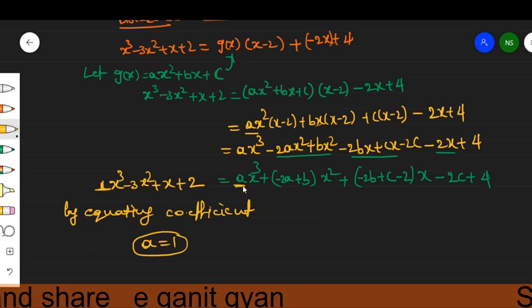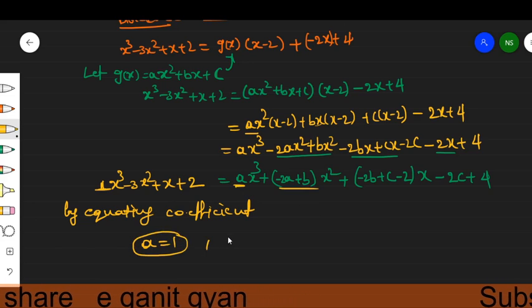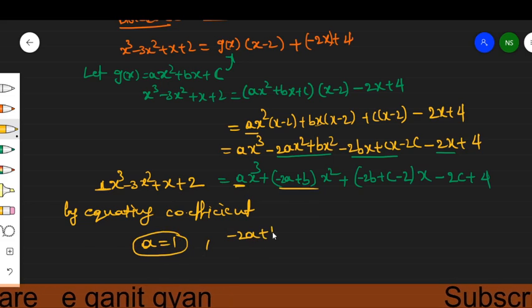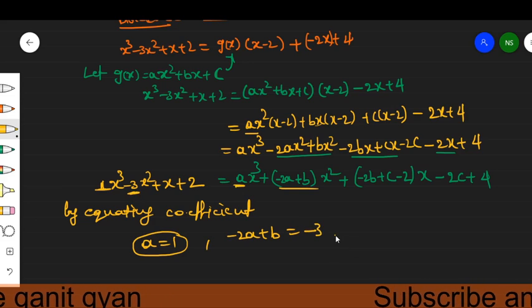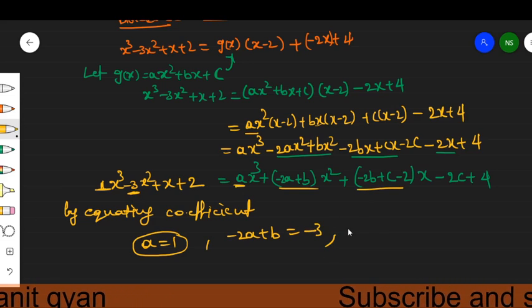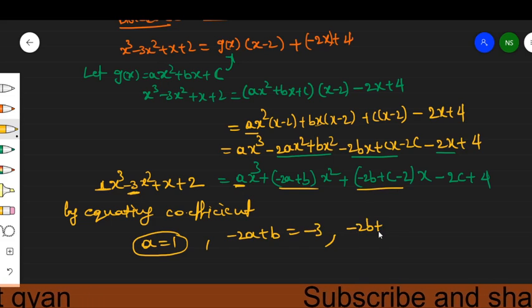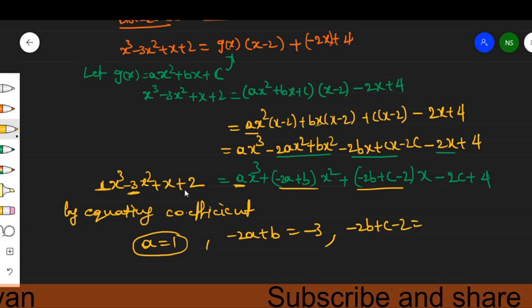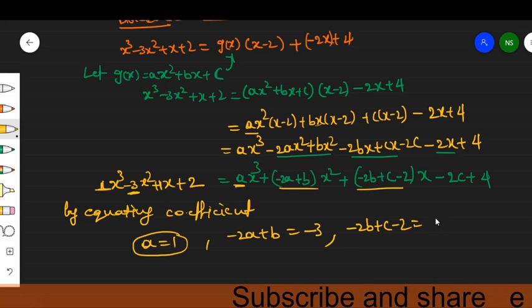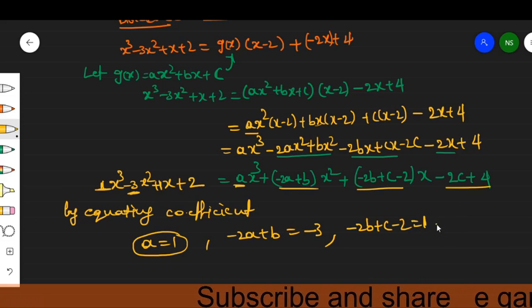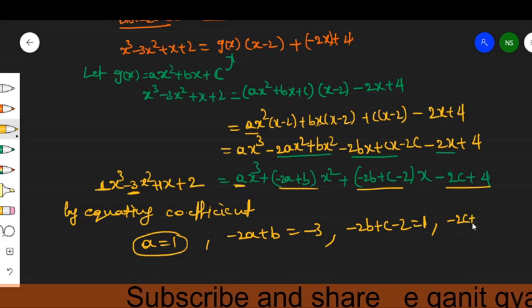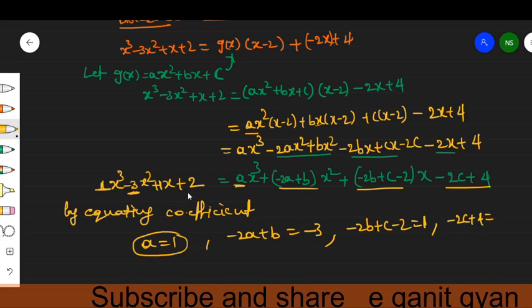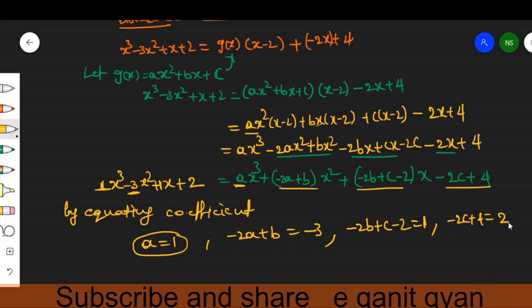Then x square coefficient: minus 2a plus b is equal to minus 3. Now x coefficient: minus 2b plus c minus 2 is equal to 1. And the constant term on the right hand side is minus 2c plus 4, and on the left hand side I am having only 2.